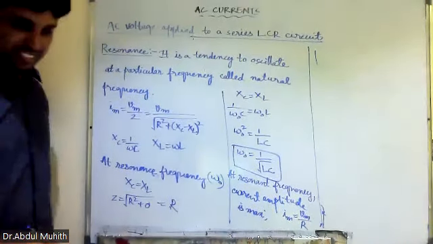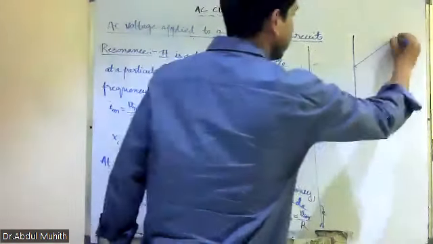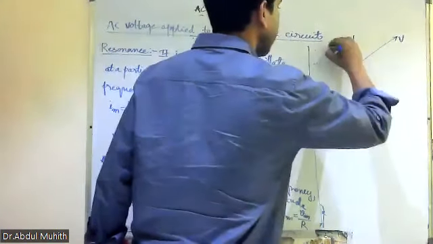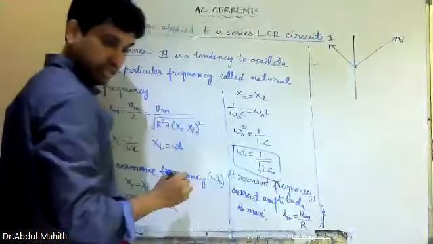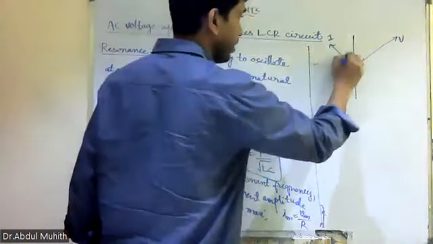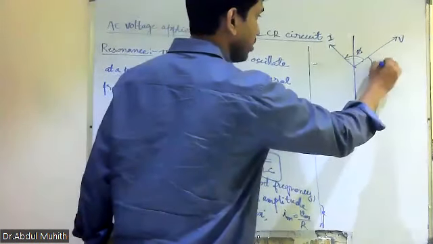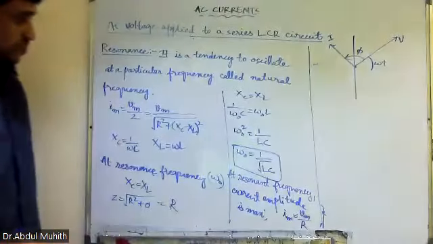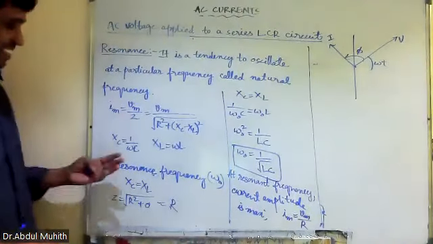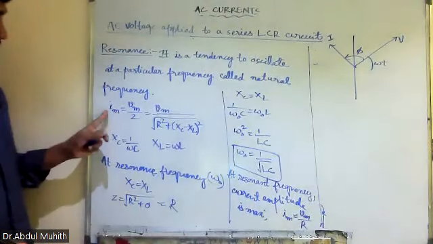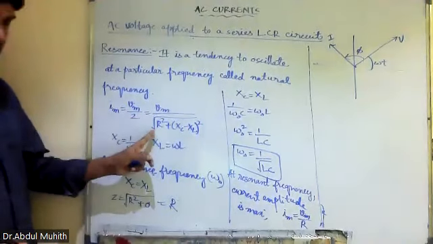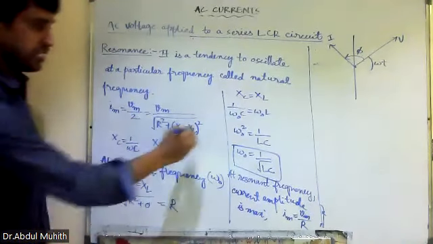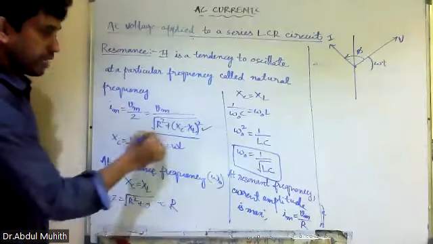Now suppose I draw the phasor diagram. This is the voltage and this is the current. This is very important; you have to draw this whenever you get such a question. I is the current and this is the phase angle phi, and this is omega t. See here, I is equal to V by Z. They are asking a 1 marker question on this.